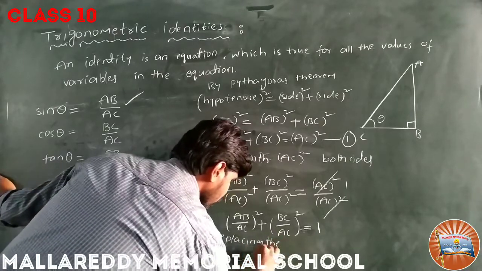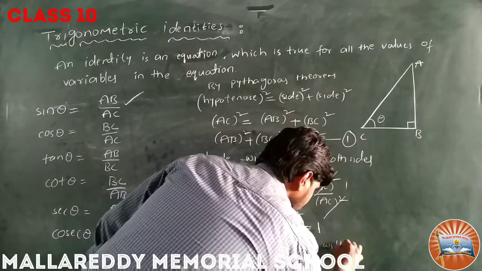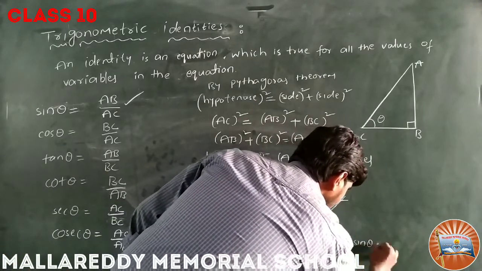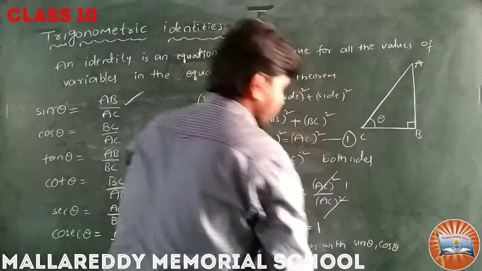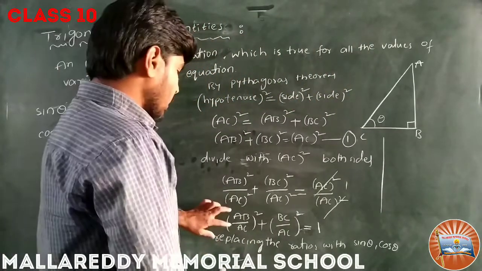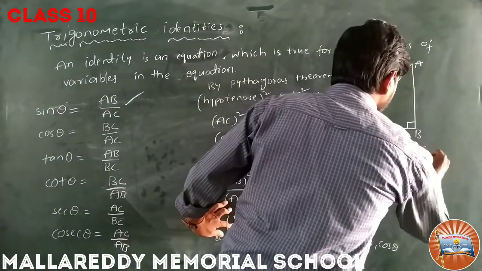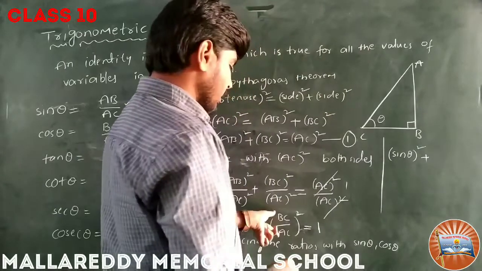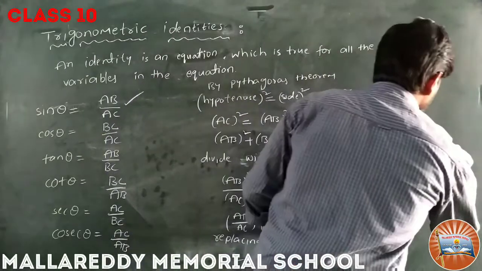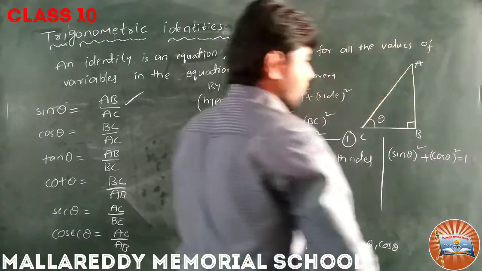Replacing the ratios with sin theta, cos theta. That is, look at here. In place of AB by AC, it is nothing but sin theta whole square plus BC by AC means nothing but cos theta whole square equals to 1.